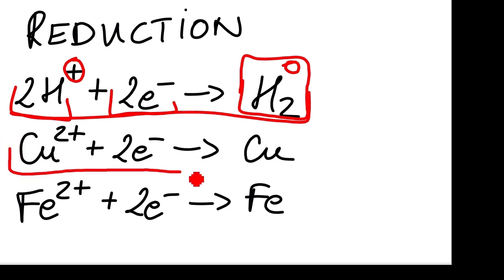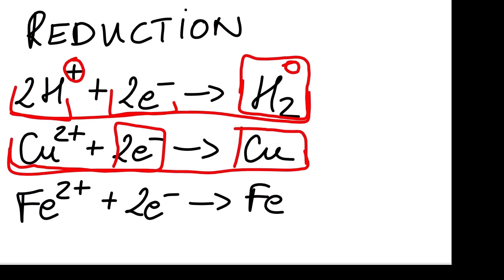In the second example, there is a reduction reaction of the copper cations. Copper cations consume 2 electrons, which give us the metallic form of copper. The third reaction is the reverse reaction of the oxidation of the metallic iron.